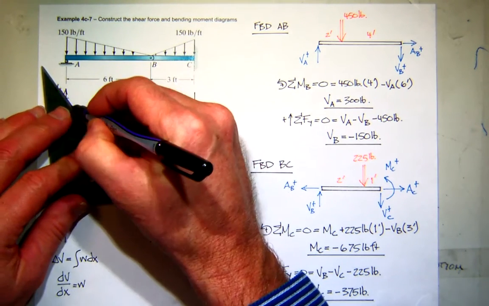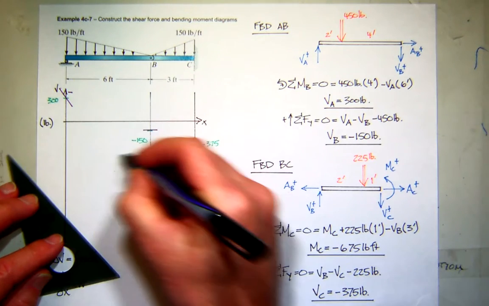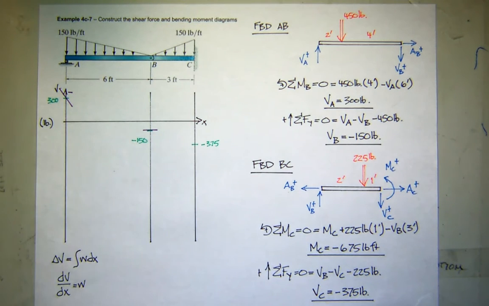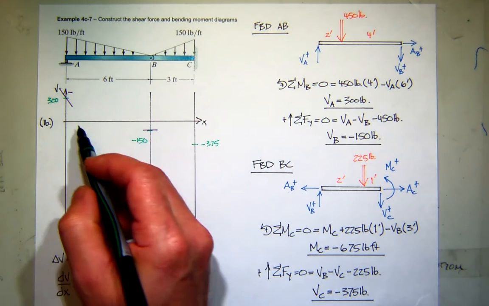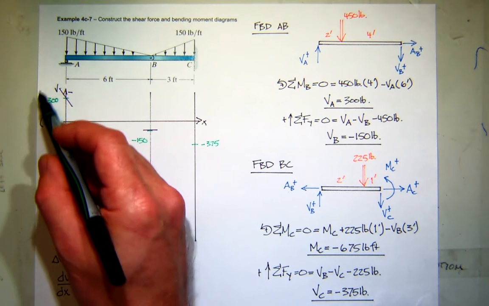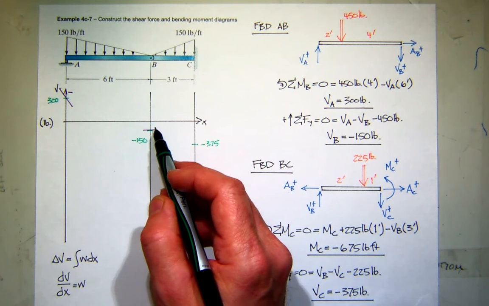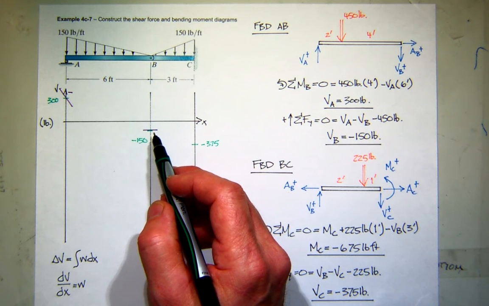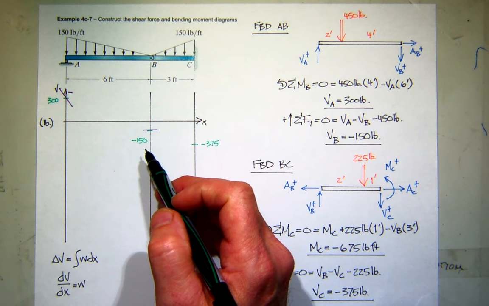So it's going to start off at a negative slope and go to 0. Right? The slope of the shear diagram is the load. So the load starts off at a big negative value and decreases to 0. So a big negative slope decreases to 0. Is that okay?